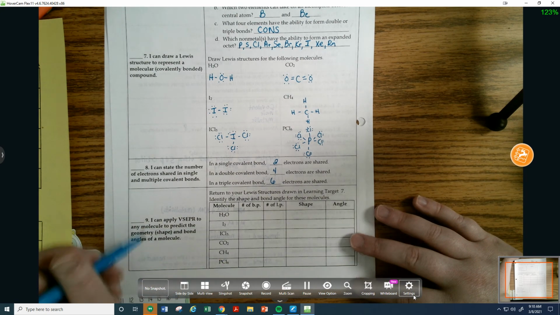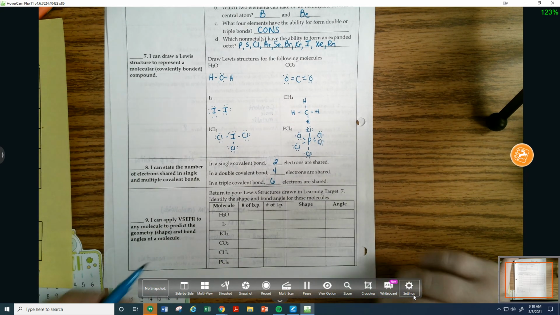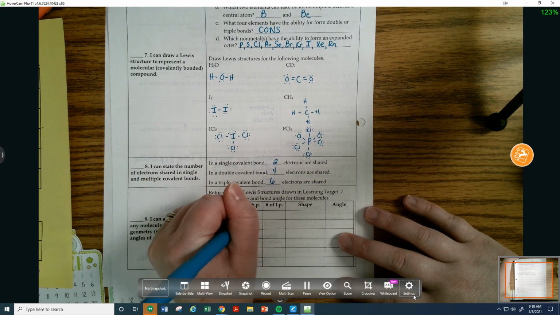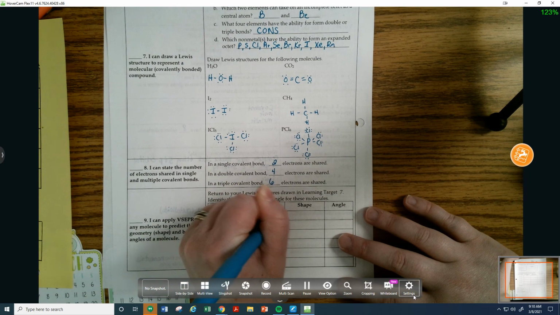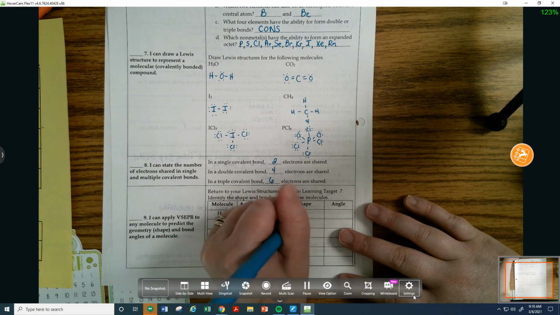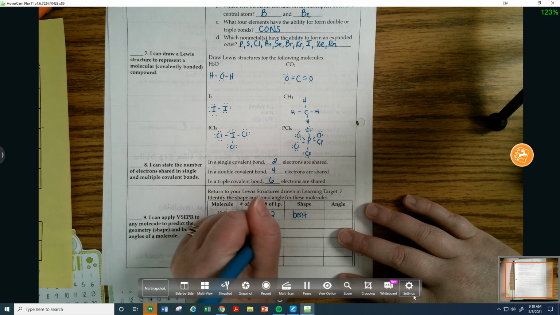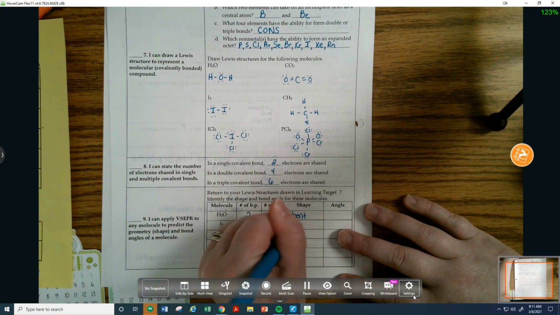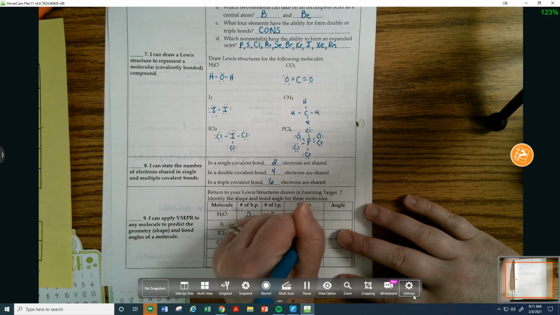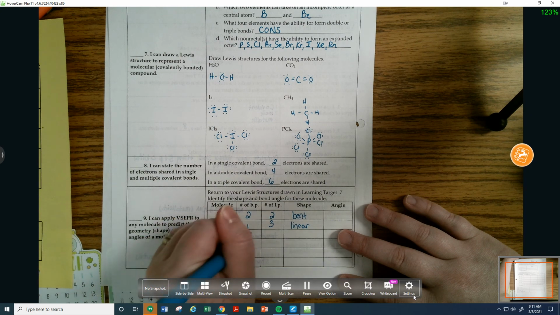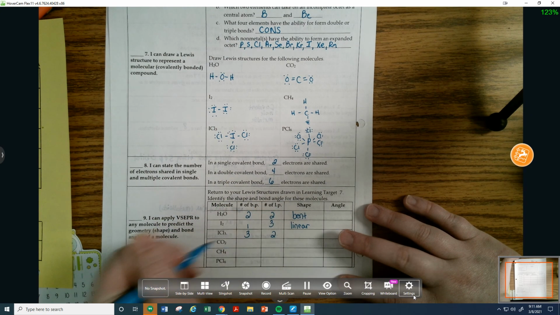So then you're doing VSEPR for the molecules above. Water has 2 bond pairs, 2 lone pairs. The resulting shape is bent. Iodine has 1 bond pair, 3 lone pairs. That's going to be linear. The ICl3 has 3 bond pairs, 2 lone pairs.